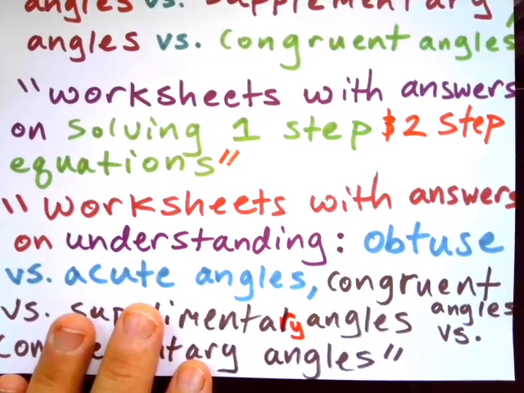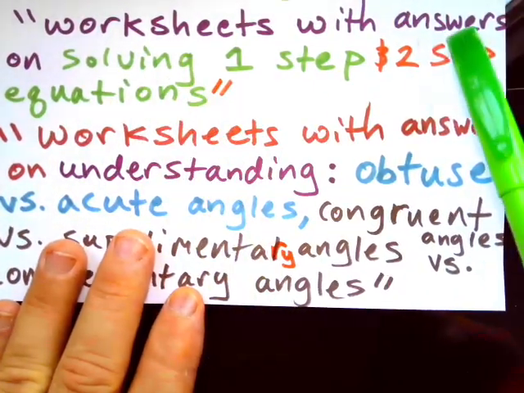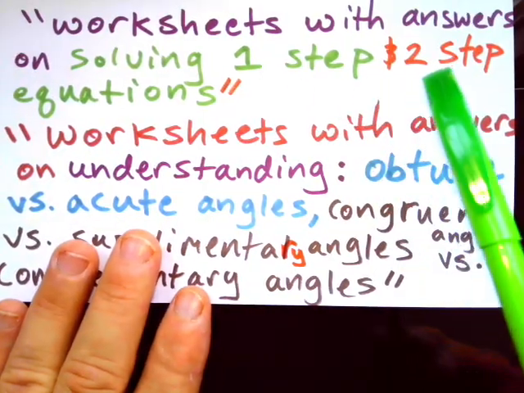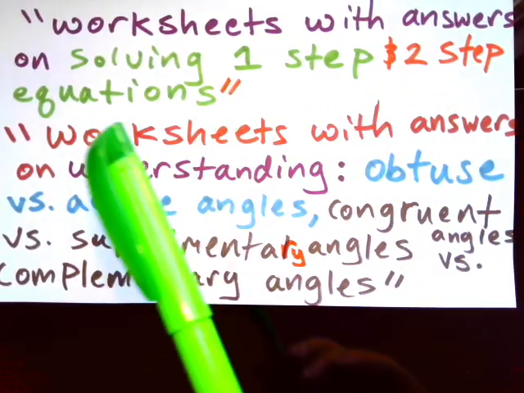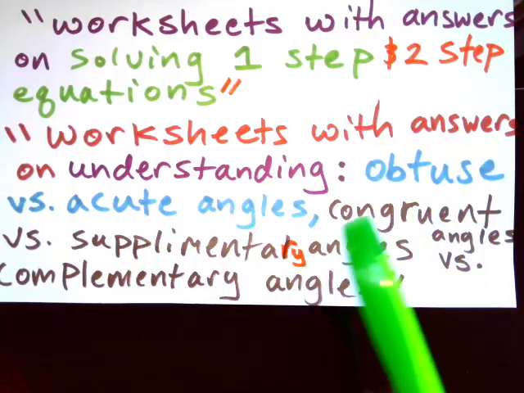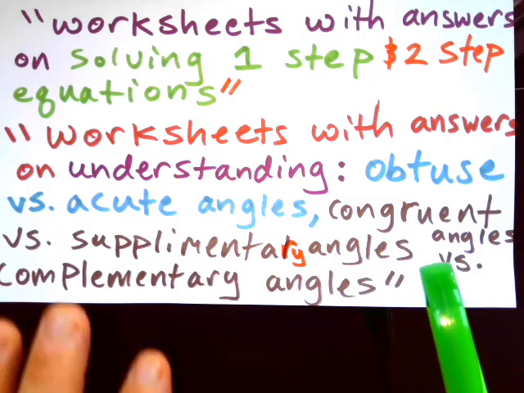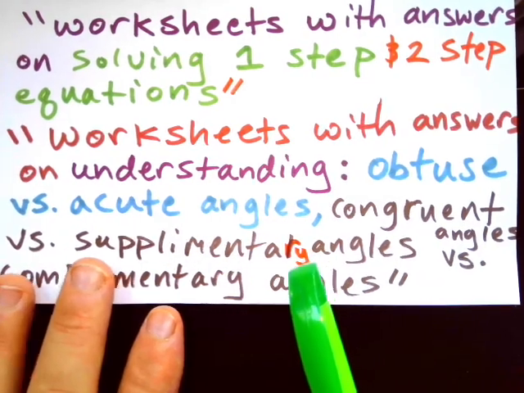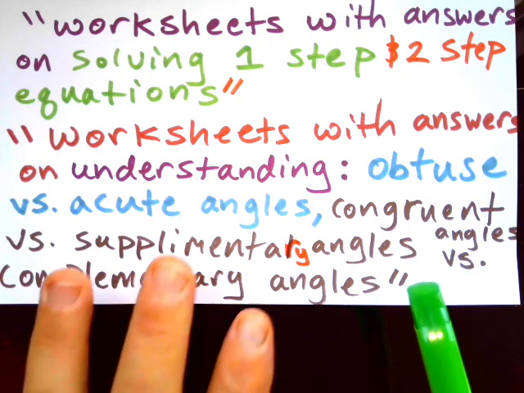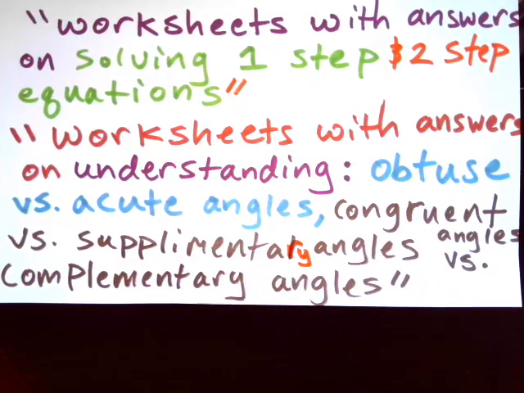Also, you can put in your internet search worksheets with answers on solving one-step and two-step equations, and worksheets with answers on understanding obtuse versus acute angles, congruent angles versus supplementary angles versus complementary angles. I had to fix that little typo there. I'm hoping these videos have been helpful for you.